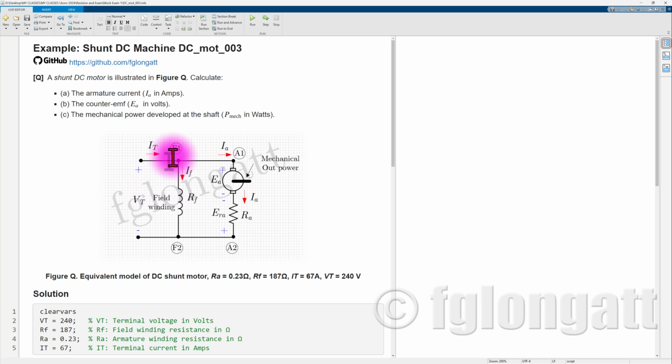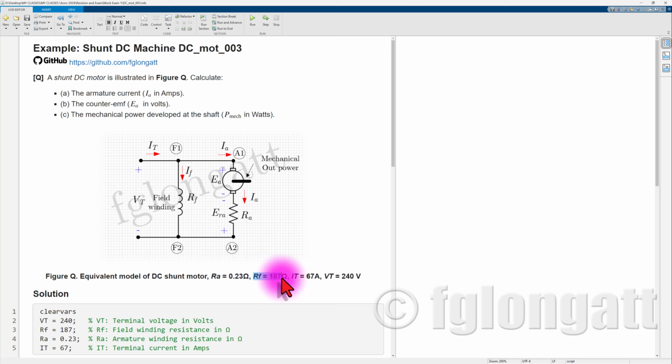The reason is that between the terminals labeled F1 and F2 we have the field winding, and on the right hand side, between terminals A1 and A2, we have what we call the armature. We know the armature resistance, in this case 0.23 ohms.